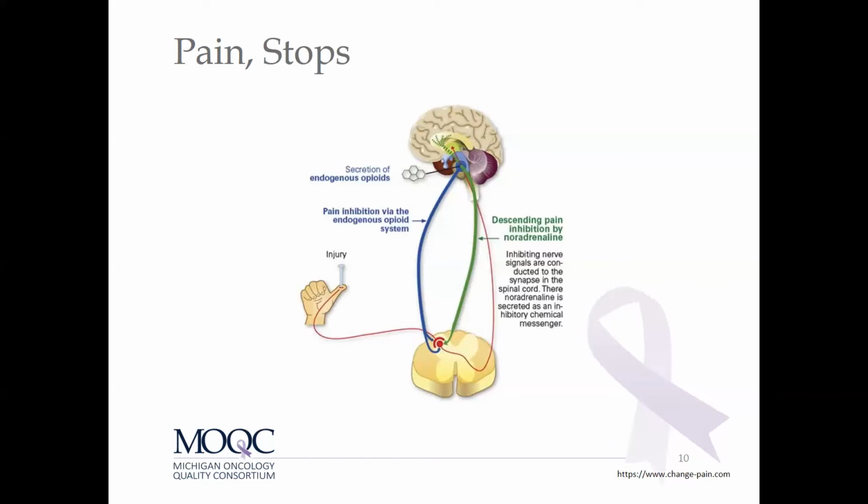The RVM is the main region of origin for those noradrenergic descending pain pathways. So again, this is where drugs like SNRIs are going to work. The inhibition of pain really occurs via this descending pain pathway and via interneurons. Both are shown in that picture there.